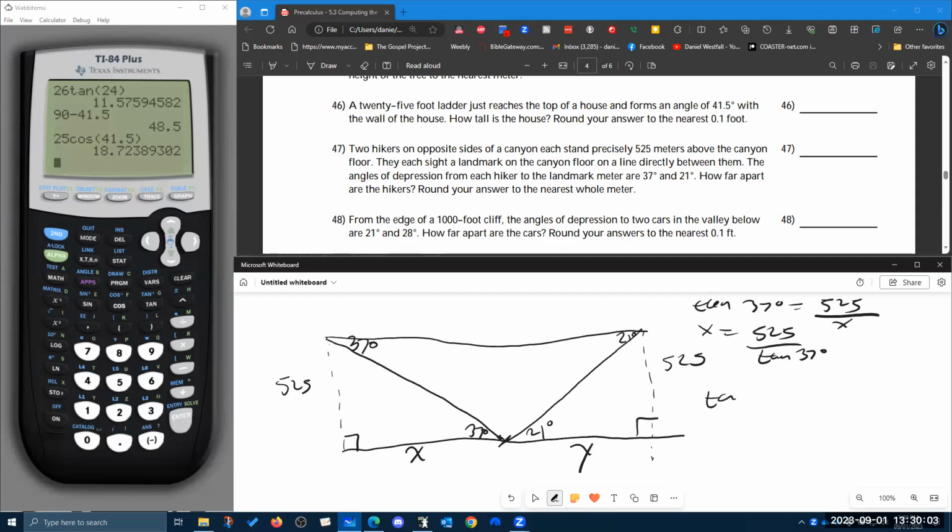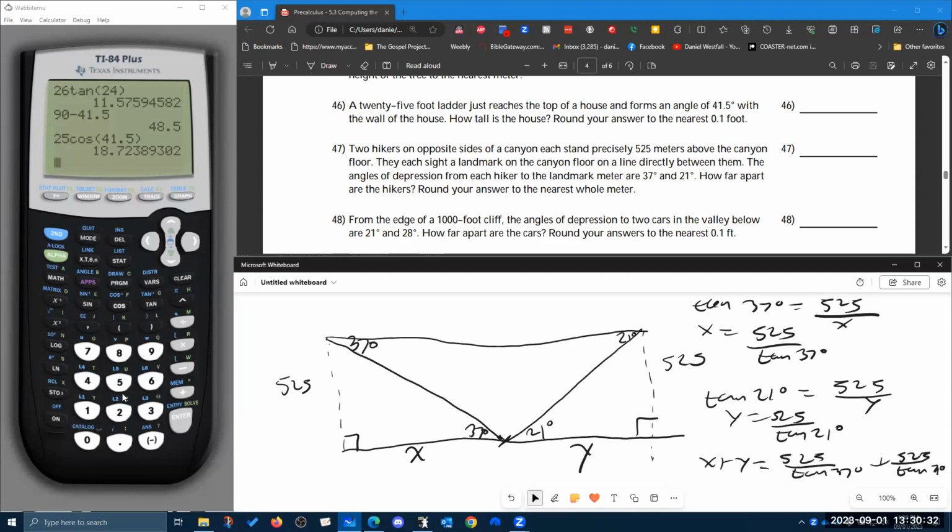Tan 21 is equal to 525 over Y. So Y is equal to 525 over tan 21 degrees. So X plus Y equals 525 over tan 37 plus 525 over tan 21.